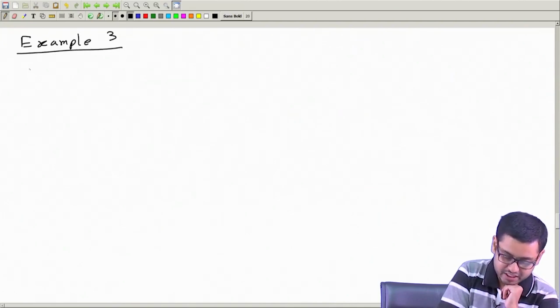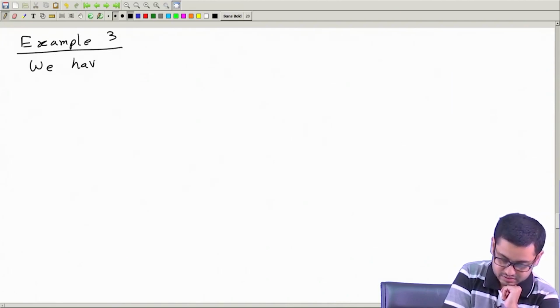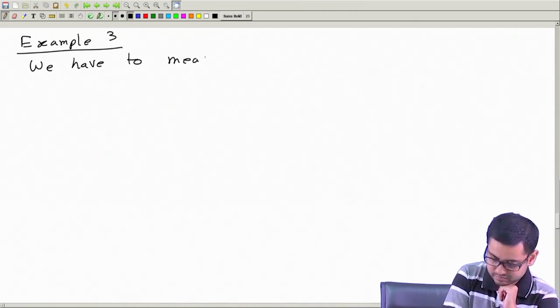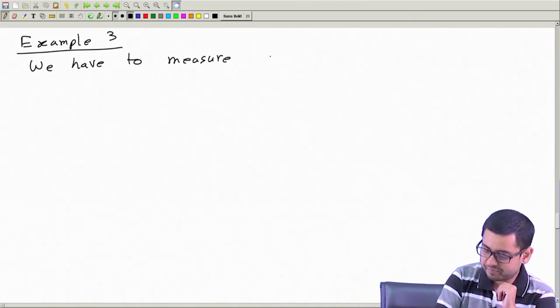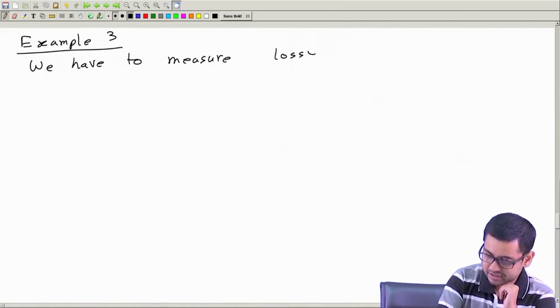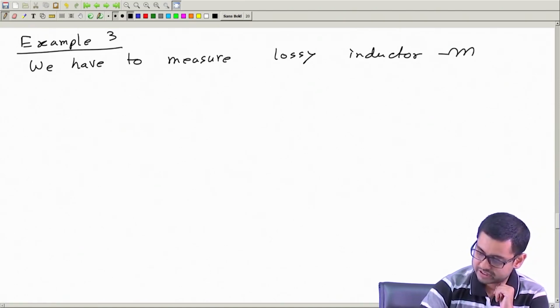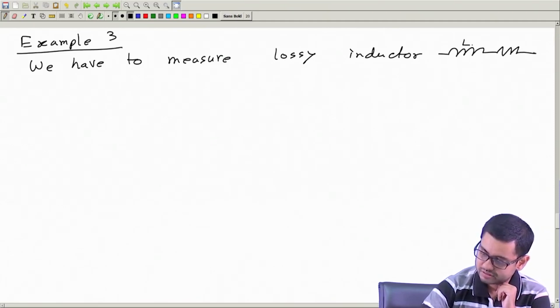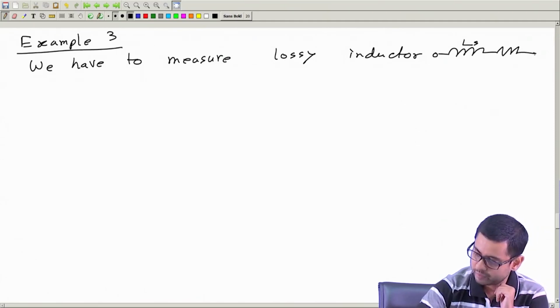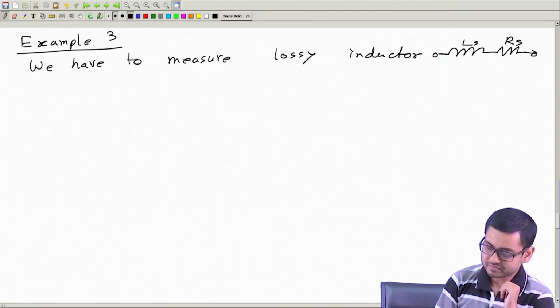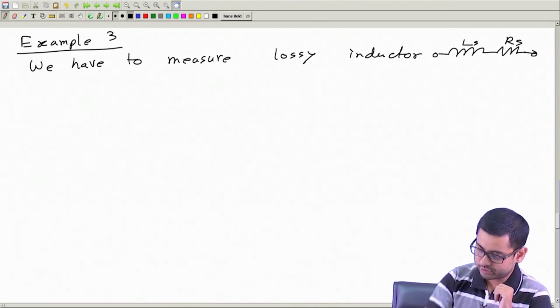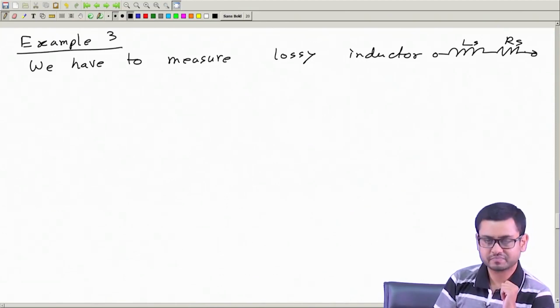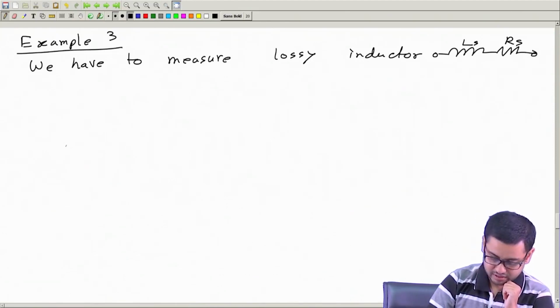So, now we have to measure, say, a practical or lossy inductor, which we can always denote as a series combination of LS and RS. So, we have to measure this one and we have to design the bridge. Now, let us draw this bridge.